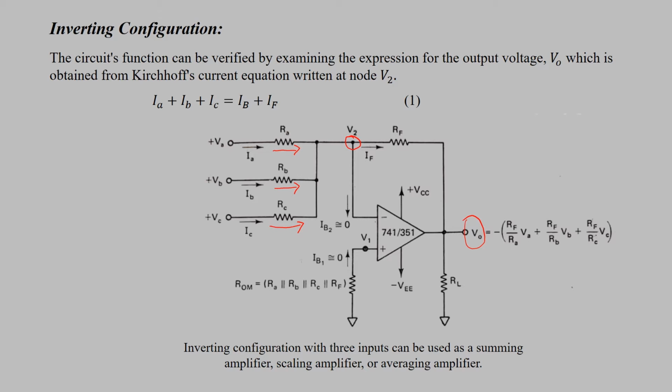They are added, and the outflowing currents are IB, that is the bias current, and the feedback current IF. So we can write IA plus IB plus IC, that is the incoming current, is equal to the outgoing current IB plus IF.